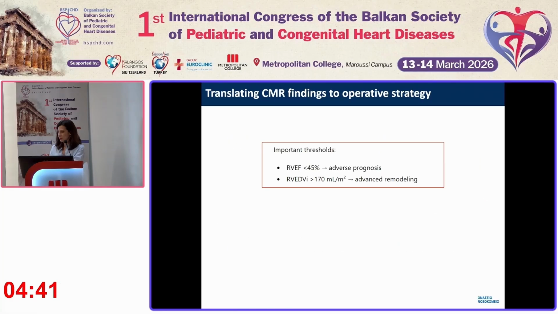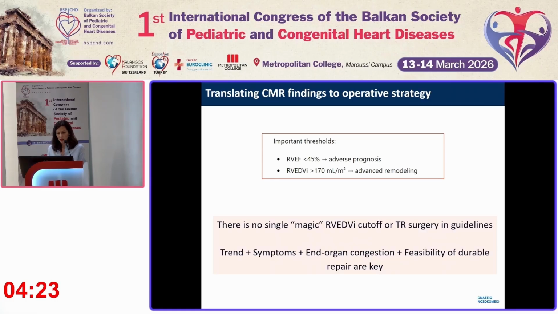I'm putting those numbers there as potential thresholds for TR. An ejection fraction less than 45% and an end-diastolic volume index beyond 170 mean there is advanced remodeling.